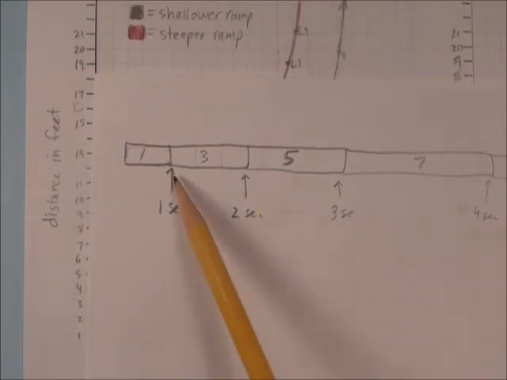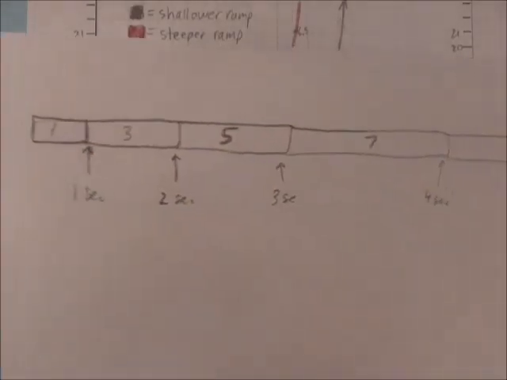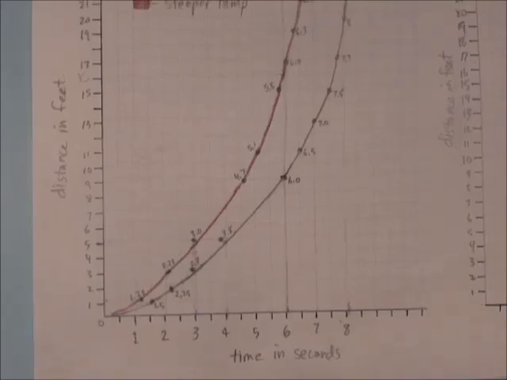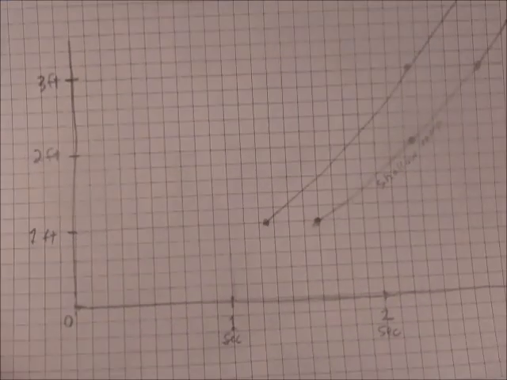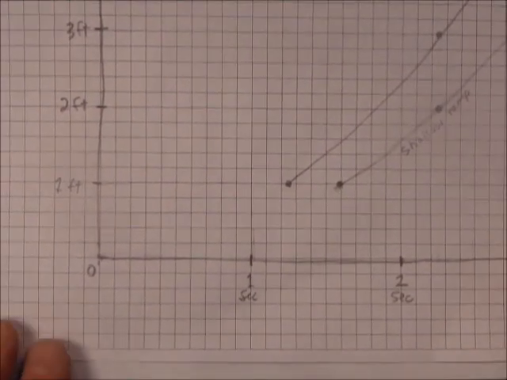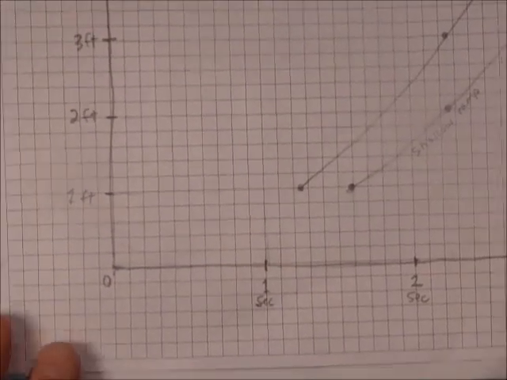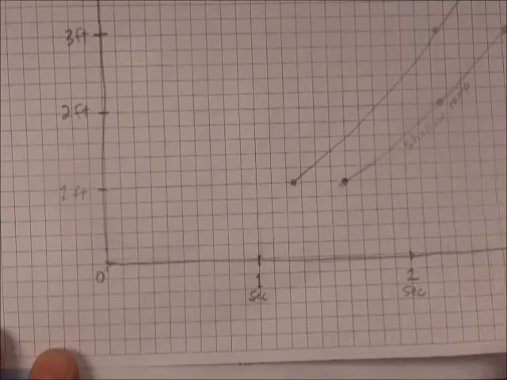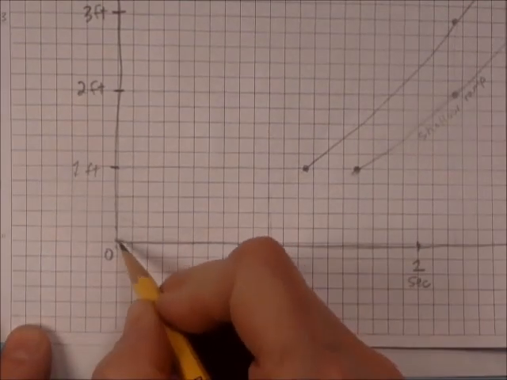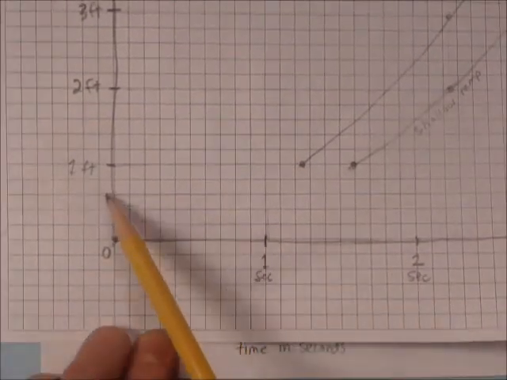So to analyze our data, we're going to find out how far the ball traveled after 1 second. Now this is a little bit difficult. This is really small down here, so I increased the size a bit so we can see. This is a zoom in on this little corner right here. Now we know that 0, 0 is a data point because if I put our ball at the 0 mark, it would take 0 seconds, right? So we know that's a dot. But we didn't have any measure, like we didn't do half a foot.